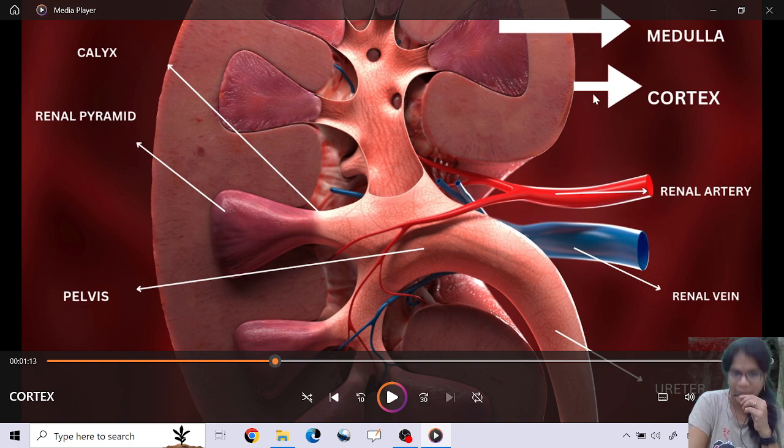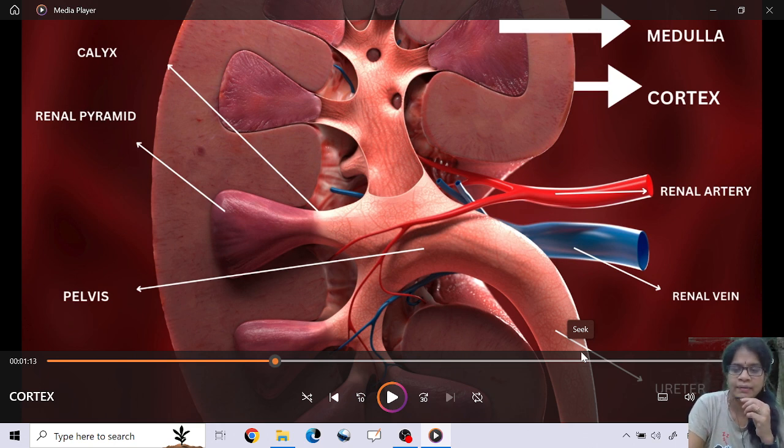This is how the kidney looks. This is the renal artery that supplies blood to the kidney, and this is the renal vein, carrying completely filtered blood, devoid of all the nitrogenous waste materials, and thus the urine comes out through the ureter. That is how the kidneys work in short.